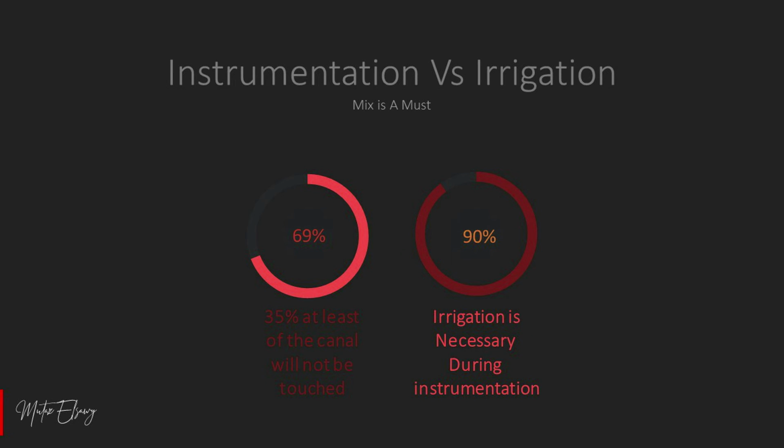We all know that more than 90% of the canals we treat in our daily endodontic treatment are oval, which means that at least 35% of the canal will not be touched by rotary files during instrumentation. While you can reach more than 90% of the canal by irrigation, therefore irrigation is so important during instrumentation.